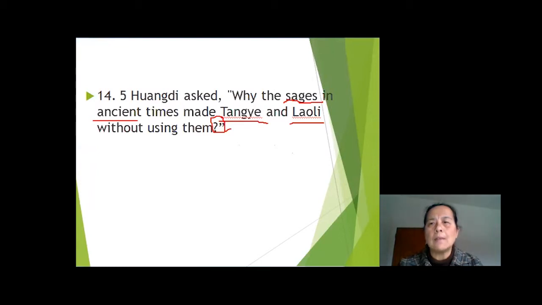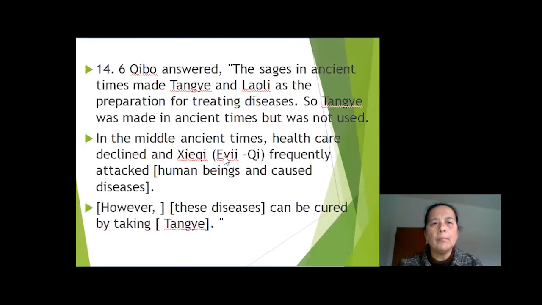So that's Huangdi's question here. So Qibo answers, the surgeons in the ancient time made 汤液 and 醪醴 for preparation. They were preparing to treat illness.